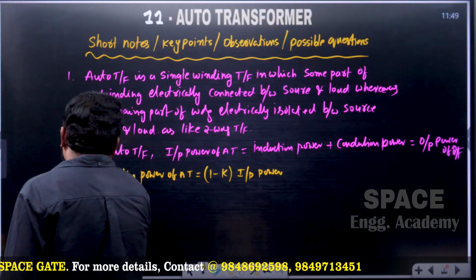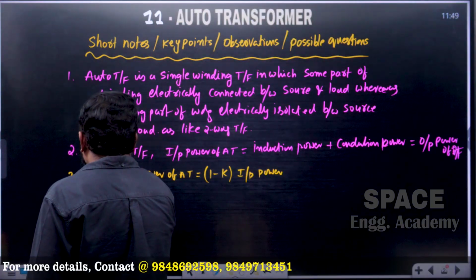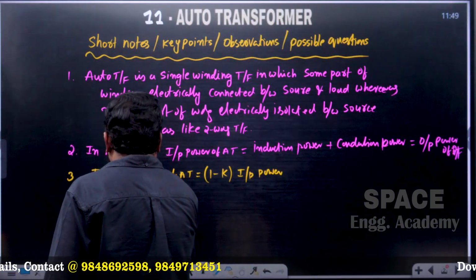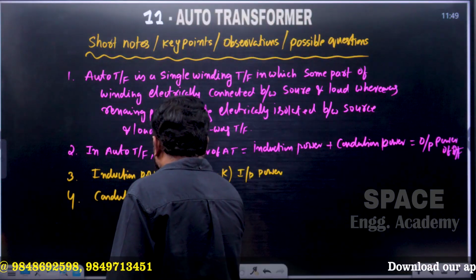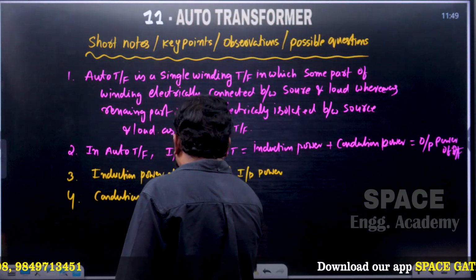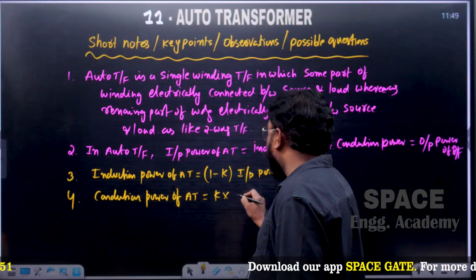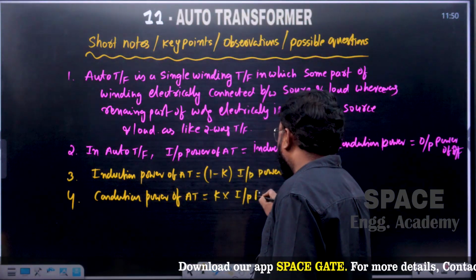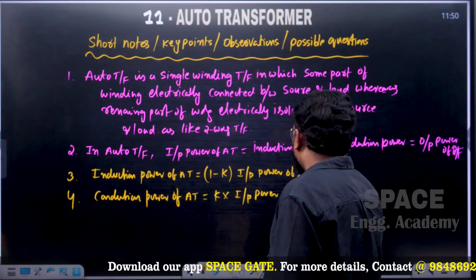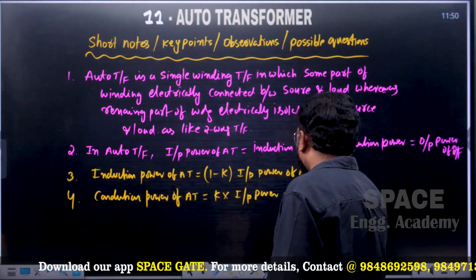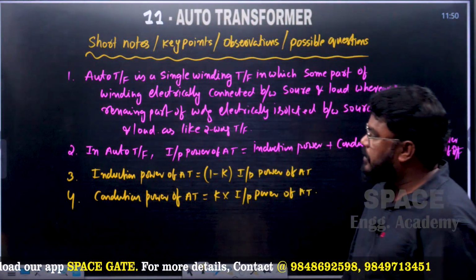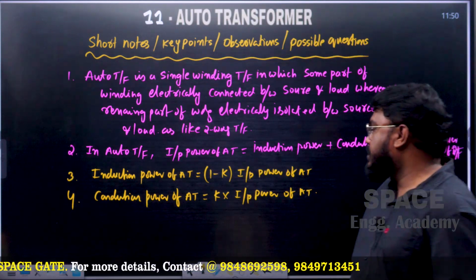And the fourth one: the conduction power of auto transformer is equal to k times the input kVA of auto transformer, where K is the transformation ratio.